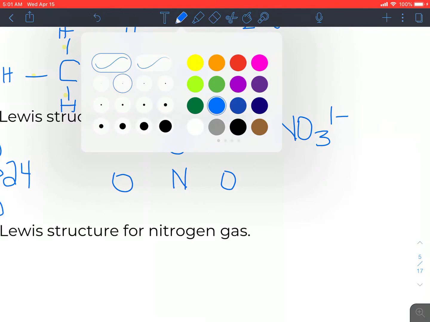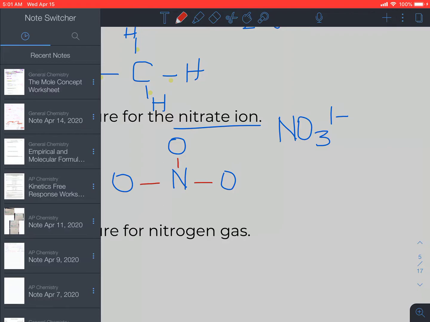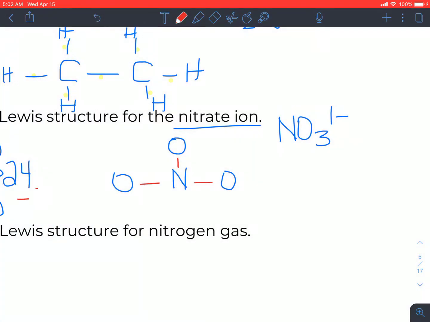I'm going to switch colors here because I think the bonding shows up a little better. I'm going to first initially do a single bond. So of my 24, I've used 6. Okay, leaves me 18. Okay, so here now we're going to distribute the remaining 18 electrons around oxygen first.